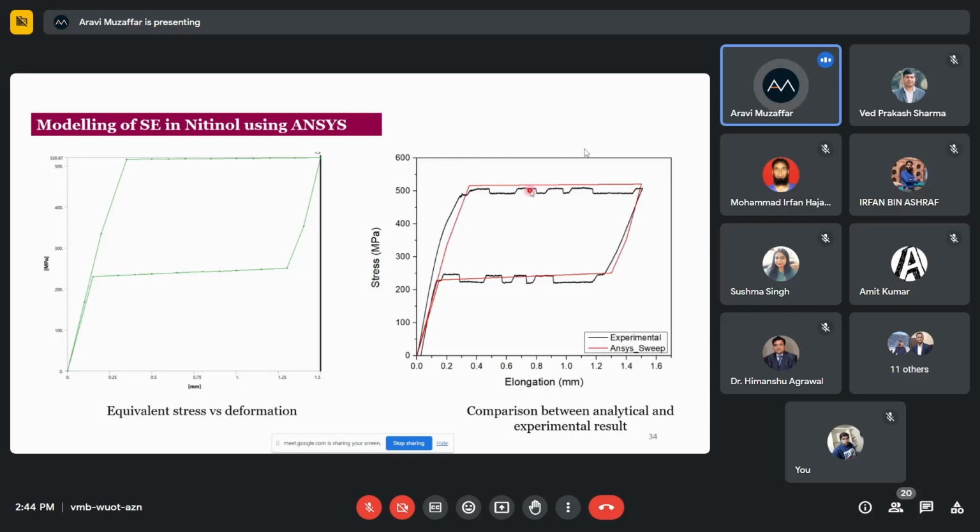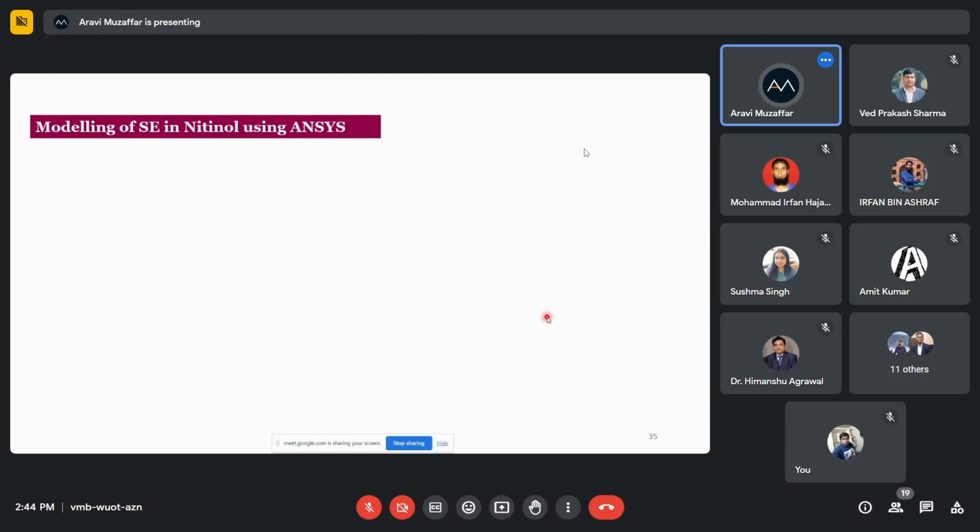You can see the intrusions and Luder bands being formed, which are very depictive of the transformation that is actually happening: a Luder band type of motion for the austenite to martensite conversion. Experimentally, this is what we obtained, and this is the result from Ansys. When you compare the two, we see a very good correlation between the two plots.